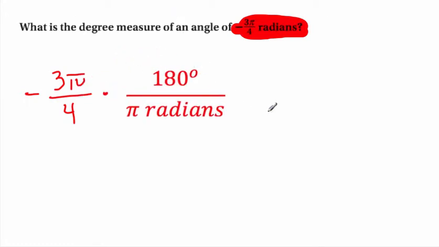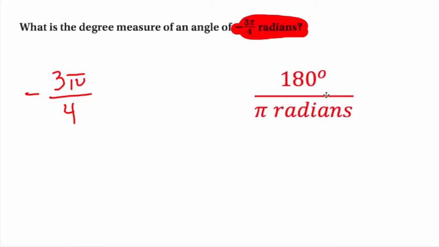I like to cancel everything I can before I multiply. And now that I look at this more in detail, I need to add a little layer. I need to add in the word radians here because my word radians is going to cancel out.